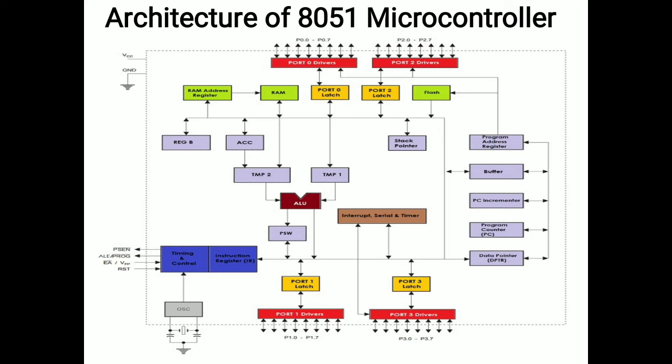So this is related to the CPU, and if we are considering some peripherals, as we have already drawn in the block diagram, that is interrupt, serial port, timers, they are not physically shown separately, so they are all shown in one block, that is interrupt, serial port, and timers. So they are also connected to this particular reverse C structured line.